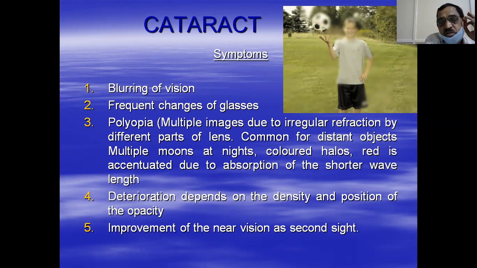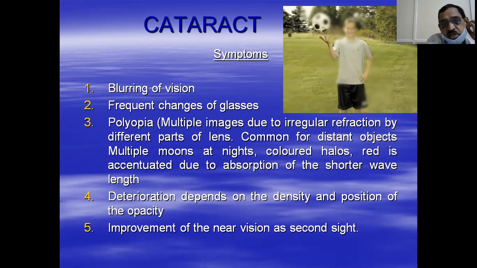First and foremost is the cataract, second is refractive errors, and the third is corneal opacities, corneal degenerations, and primary open angle glaucoma, the silent killer of vision, and age-related macular degeneration, retinal dystrophies. All these cause painless gradual progressive loss of vision. Here, the blurring of the vision is usually painless.